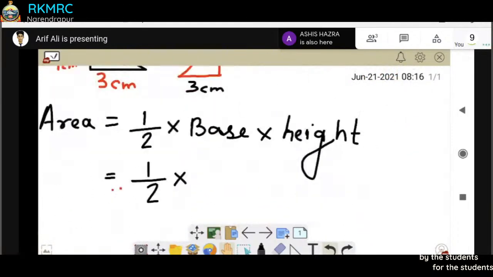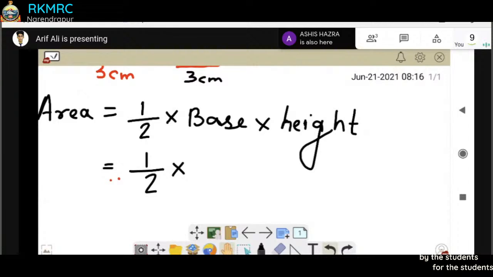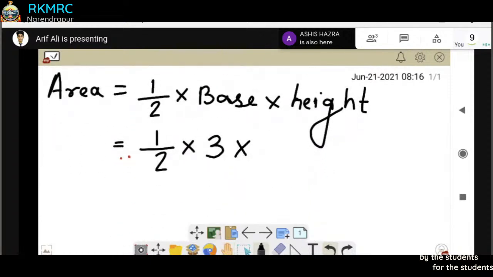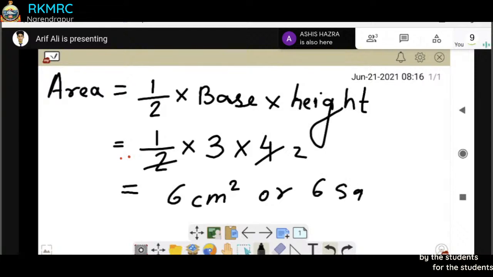Over here your base is 3, and your height, which is perpendicular, is 4. So you cancel 2 and 4, you will get 6 centimeter square, or 6 square centimeter.